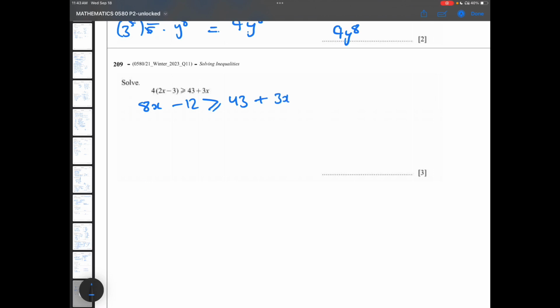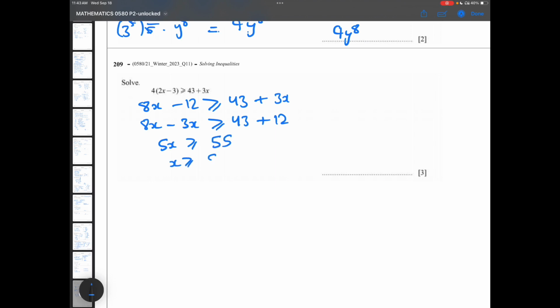Now we will simplify the like terms. To do that, minus 12, I will move to the right side of the inequality, and I will move 3x to the left side of the inequality. It becomes 8x minus 3x, and 43 plus 12. This is 5x greater than or equal to 55.